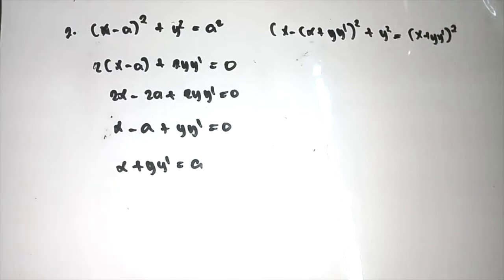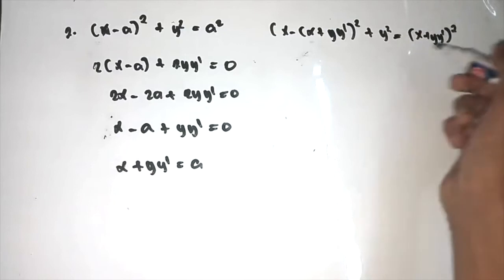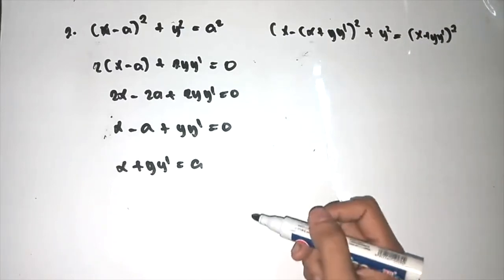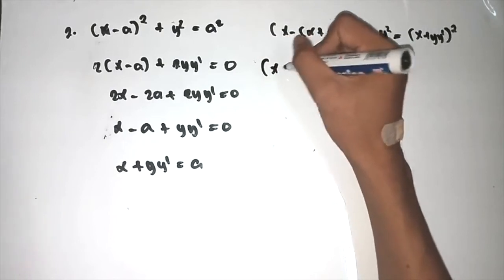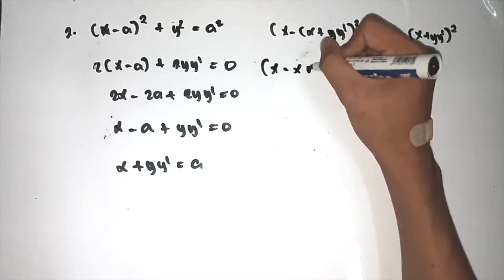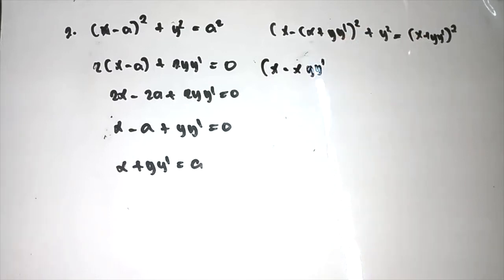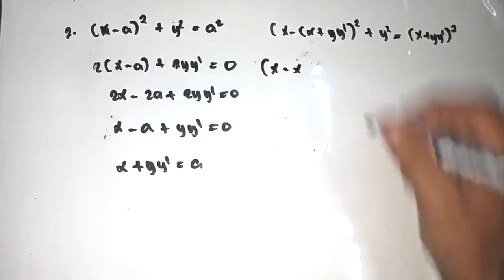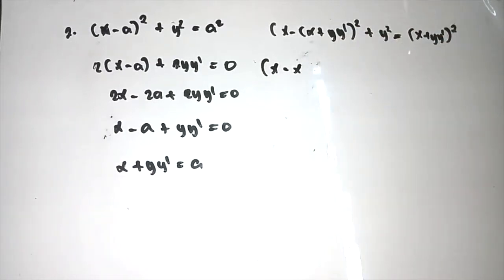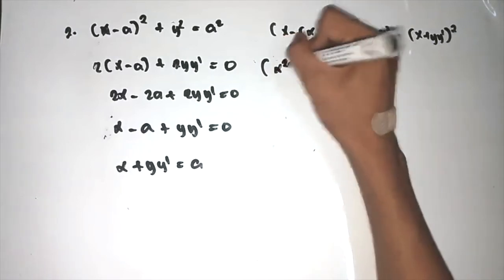So since we already substitute the value of a, this will become x minus x, y prime is supposed to be minus, since we distribute the value of x. So x times x, this will become x squared.